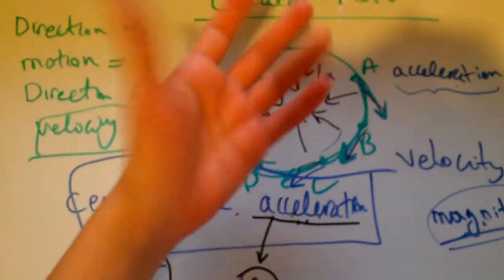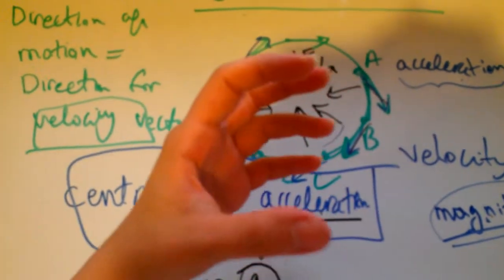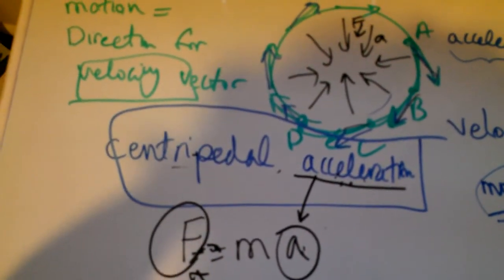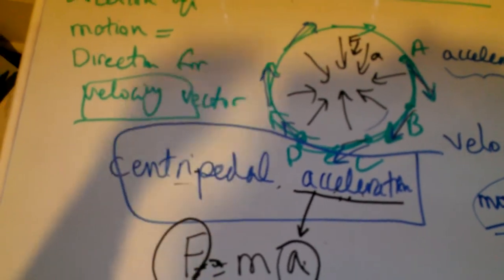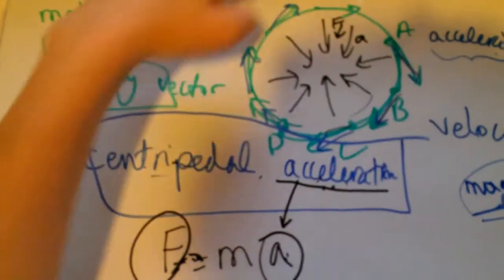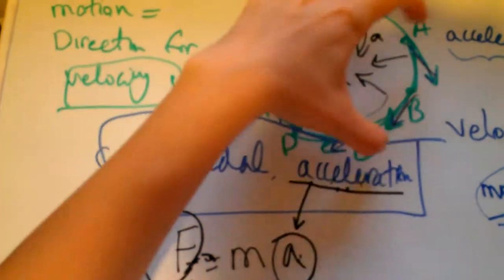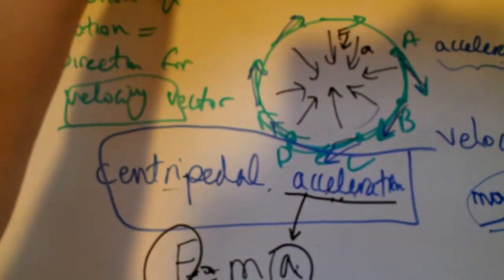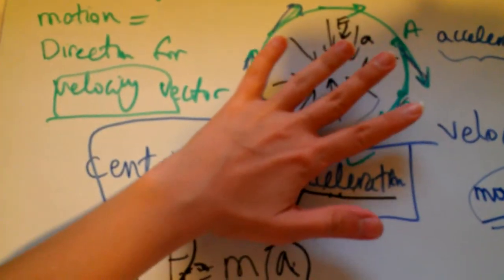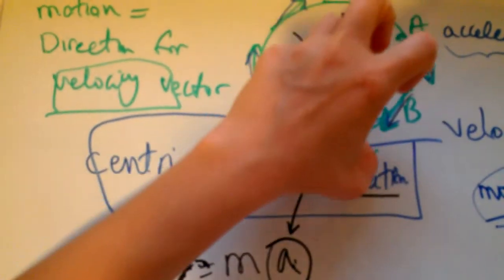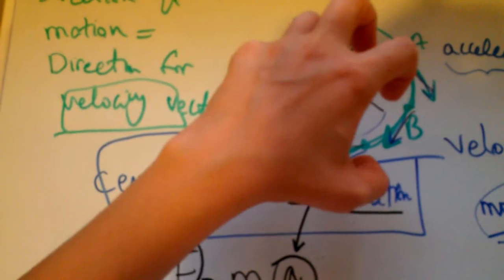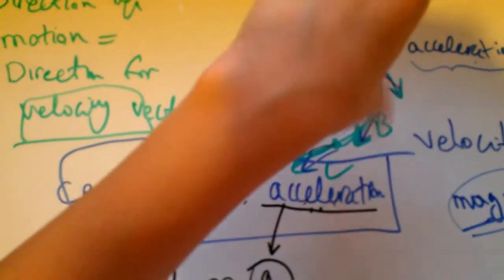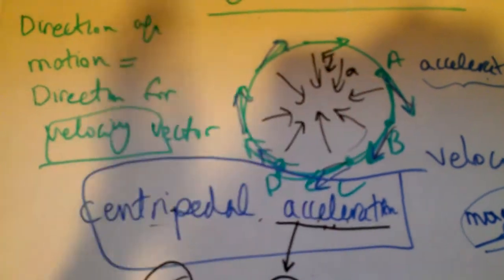So you understand that the acceleration and the force that keeps the chain in the circle is definitely inwards, because once you cut it off, it just flies away from the circle. It's not going to be kept in the circle anymore. So centripetal acceleration and centripetal force are all towards the center.